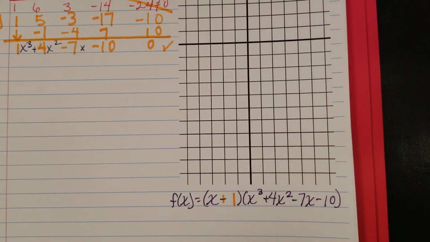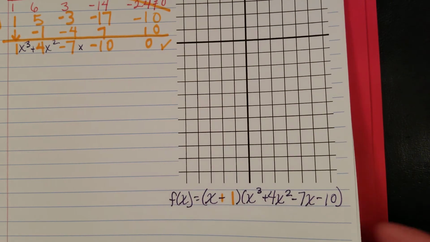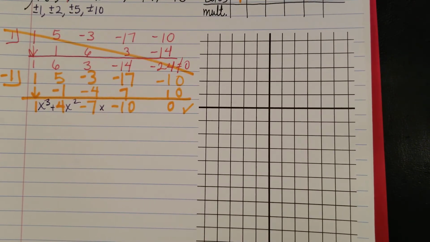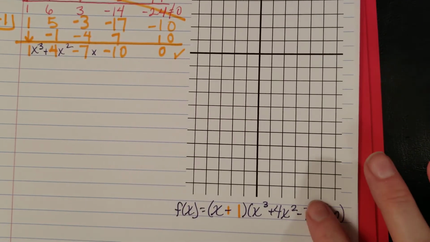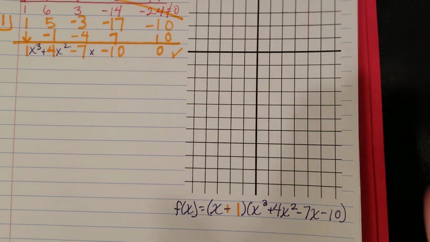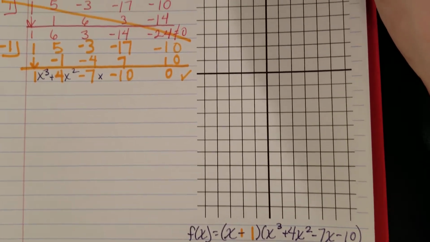I already know that 1 was not a 0 of my original function, which means that it can't be a 0 of this either. So I don't need to do 1 again, but I do need to do negative 1 again.